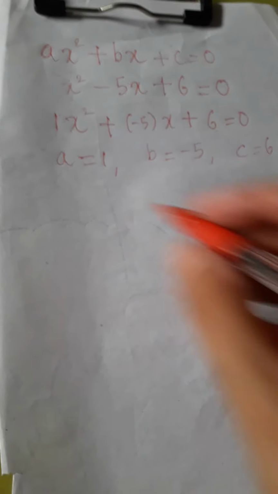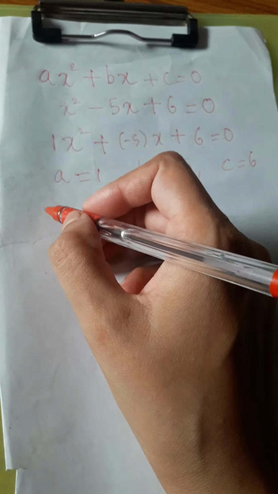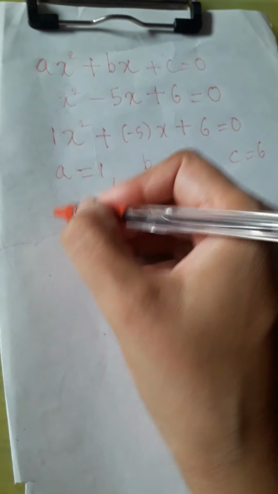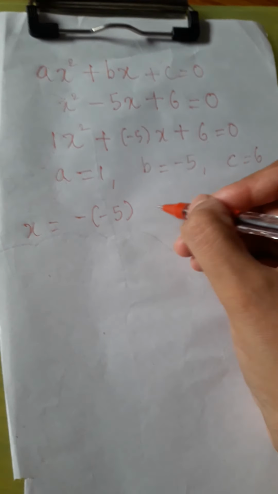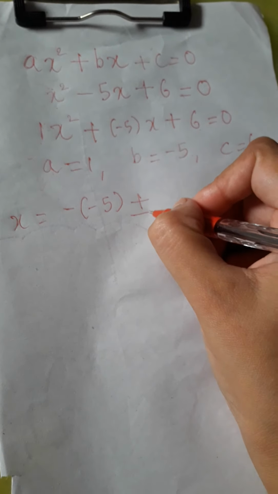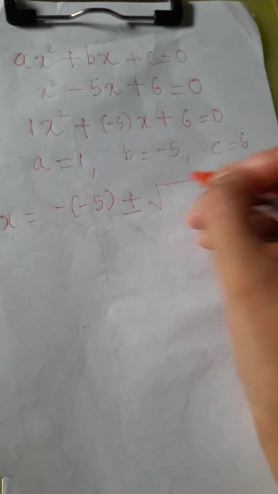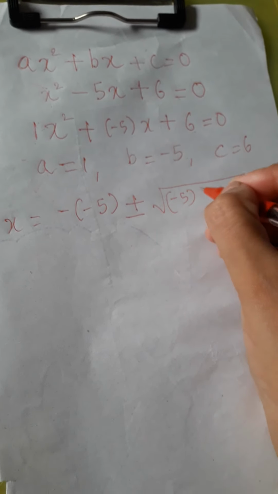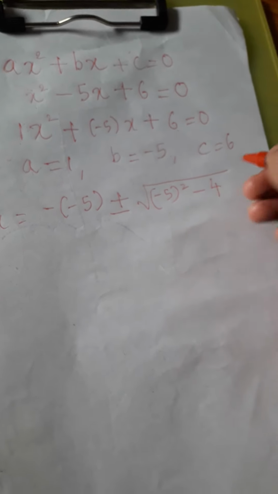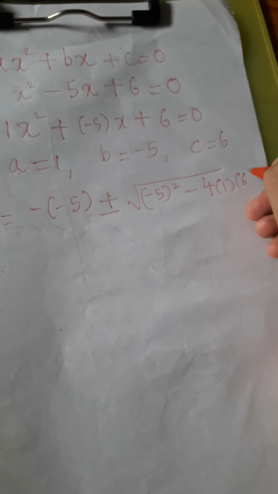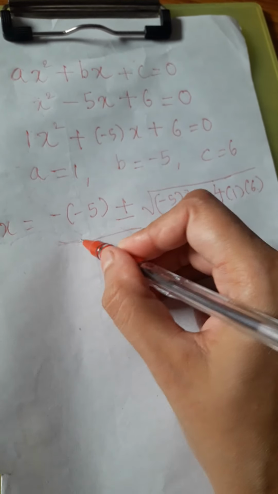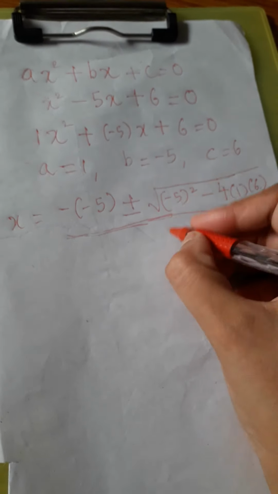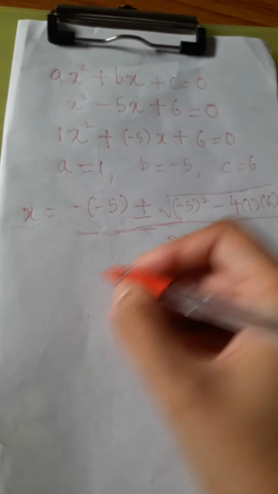Look, I've got my values now, and I just have to substitute in the quadratic formula, or Sridharacharya's formula. So x is minus b, minus of minus 5, plus or minus square root of b square minus 4 into a into c, that is 4 into 1 into 6, the whole thing divided by 2 into a, 2 into 1.